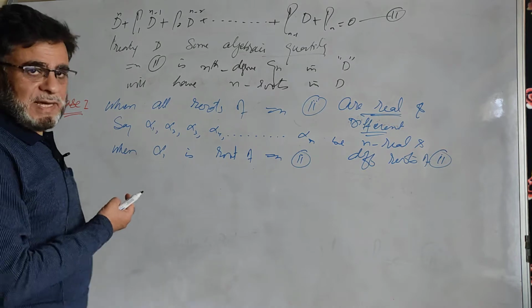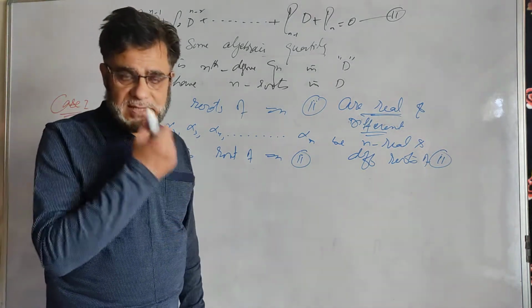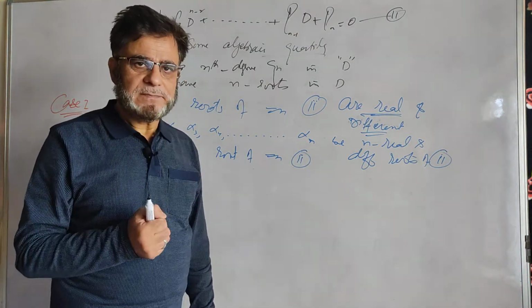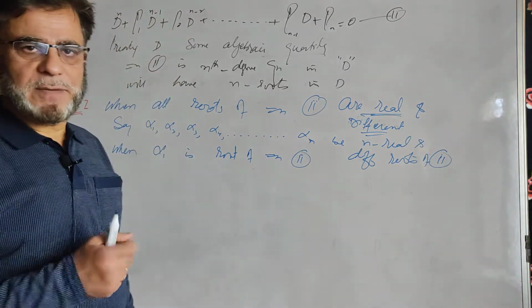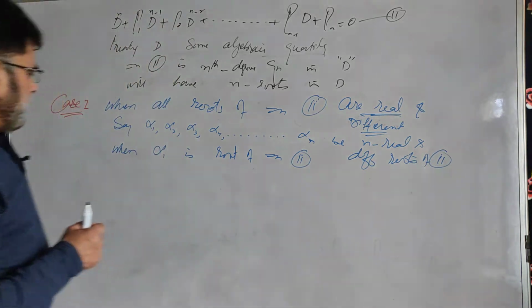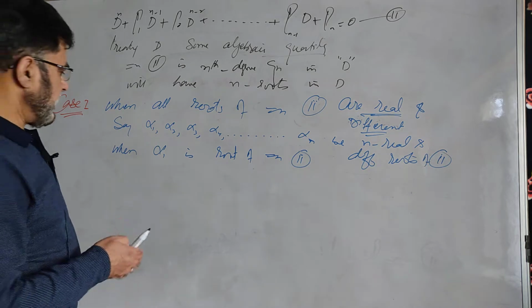When alpha 1 is a root of this equation, it will also be the root of the first, because that involves f of D into y.